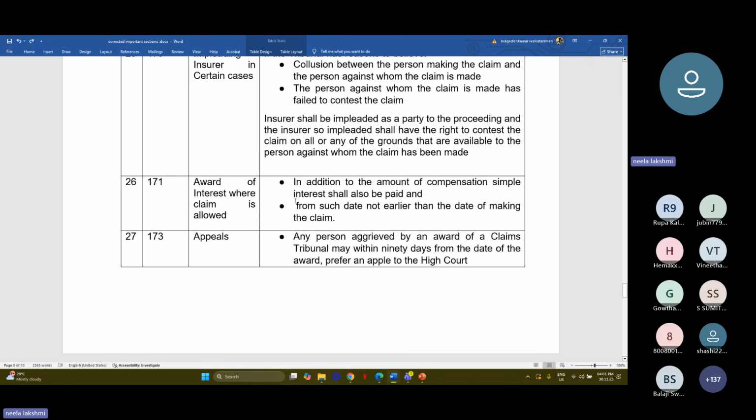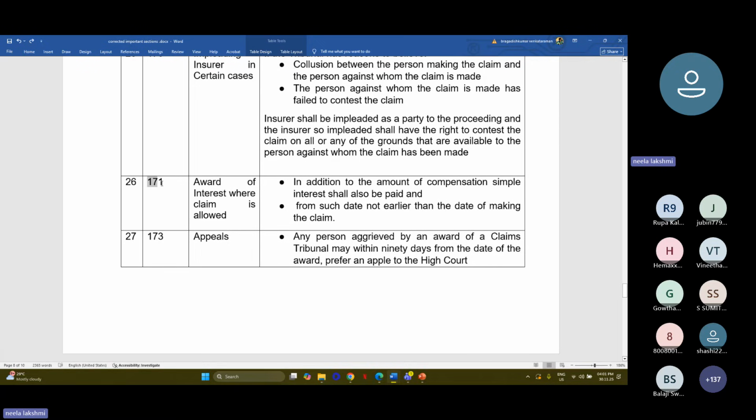In addition to the amount of compensation, simple interest shall be paid from such date not earlier than the date of making the claim. That is from the date of claim petition. The interest is payable from the date of claim petition, not from the date of accident. These are the points. Simple interest from the date of claim petition.